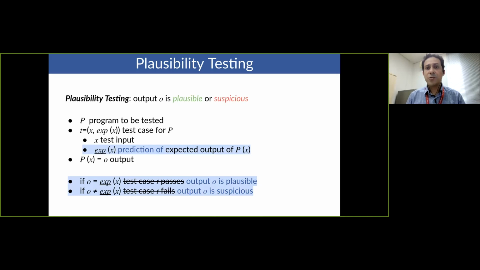If the actual output does not match with the predicted output, we say that the observed output O is suspicious. In our work, plausibility and suspiciousness are established based on how the system has behaved so far.